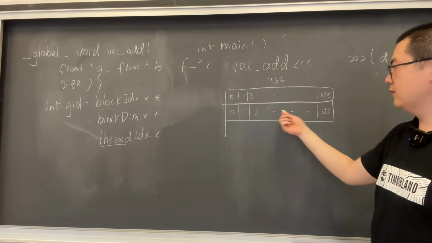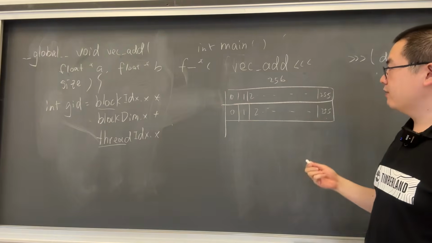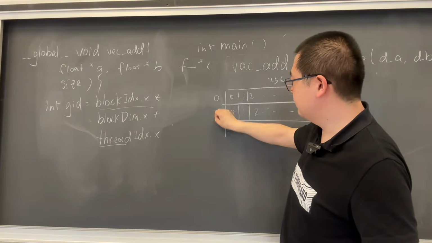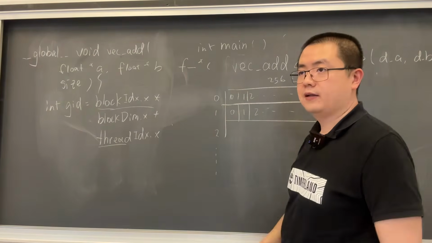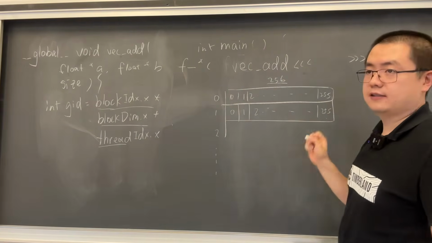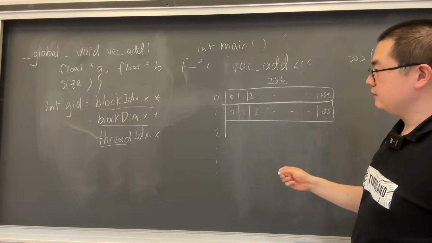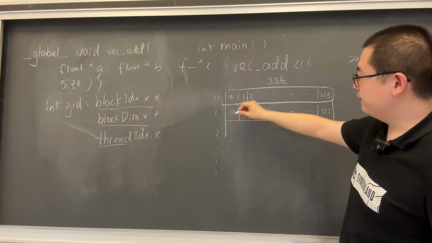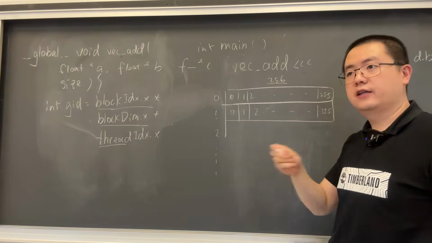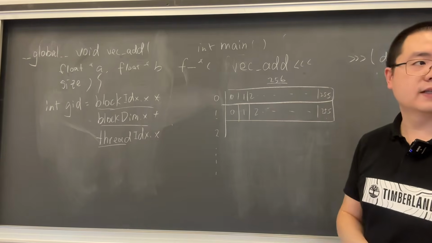It's basically by knowing my block ID: block ID 0, block ID 1, block ID 2, and so on. So multiply the block ID by the block dimension, 256, plus the local ID, and we know my global position in the whole kernel, like the thread ID within the whole kernel. So this is my global ID.